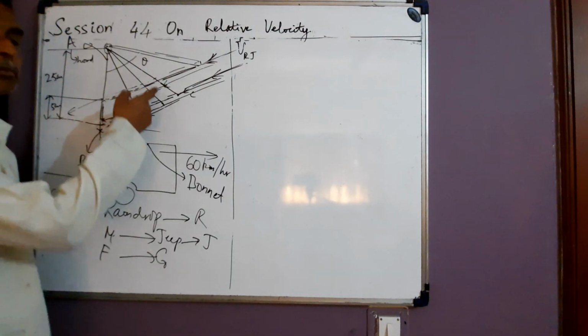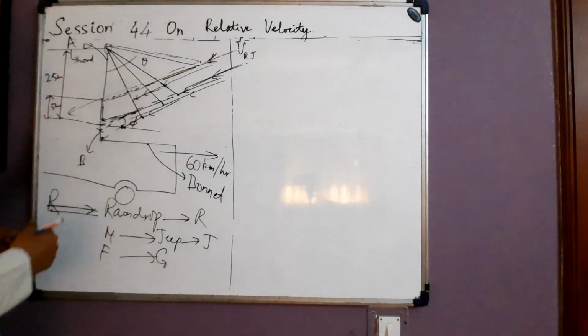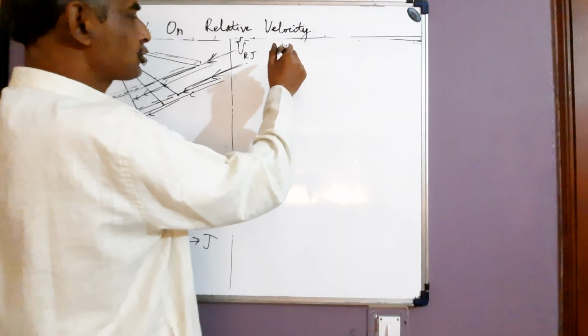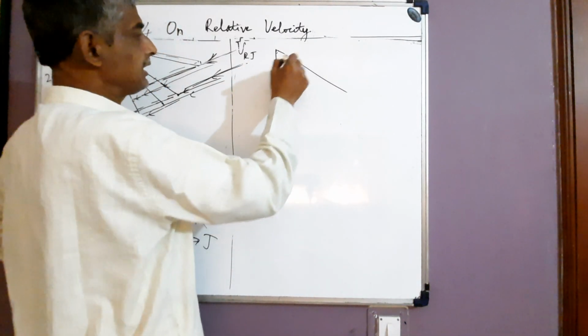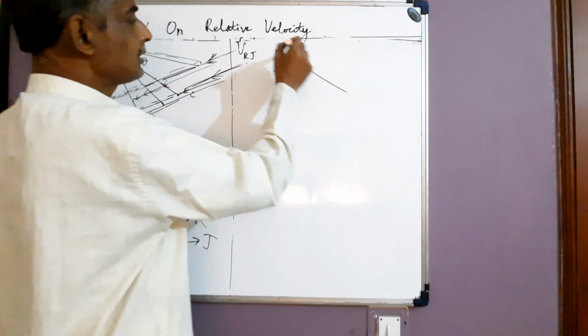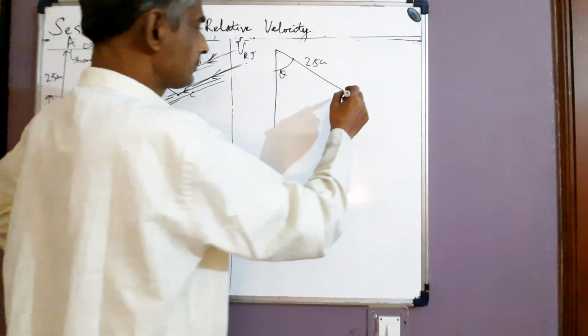So now we have to determine that theta. Fine. So I'll just redraw the relevant portion of the diagram again like this. This is theta. This one is 25 centimeter.